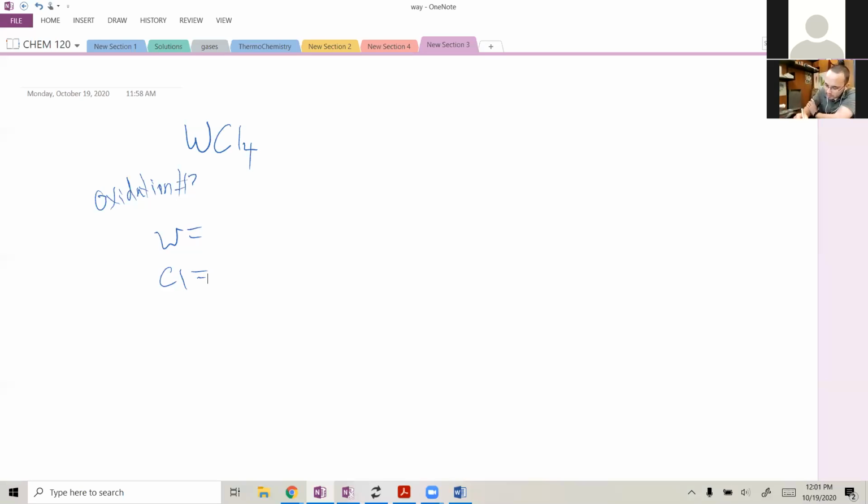So you are right that when we look at a compound, all of the oxidation numbers are going to be equal to their charge. So in this compound itself, do we have any charge on it? For this compound, do we have a charge?